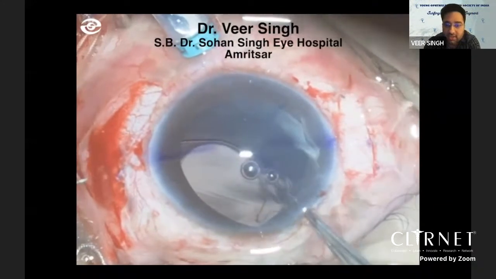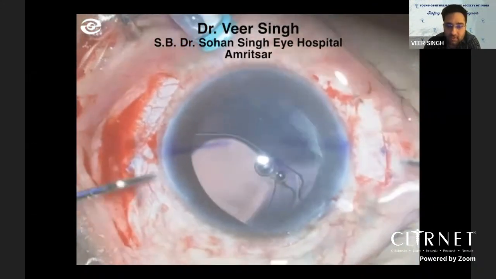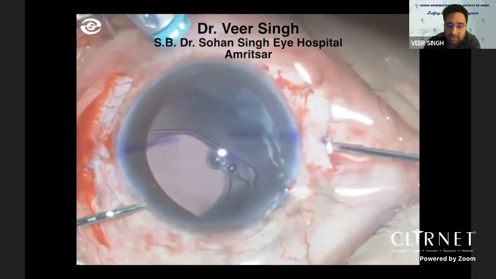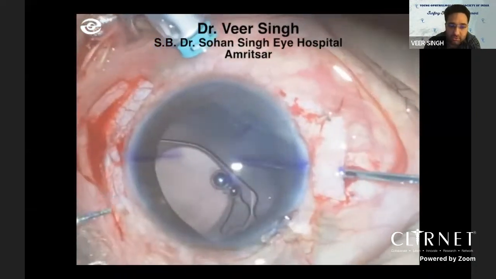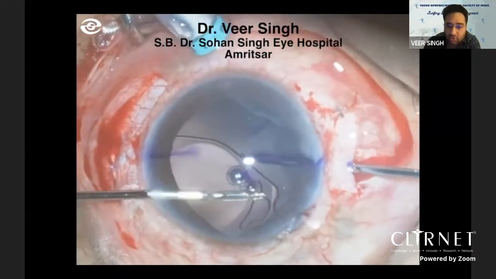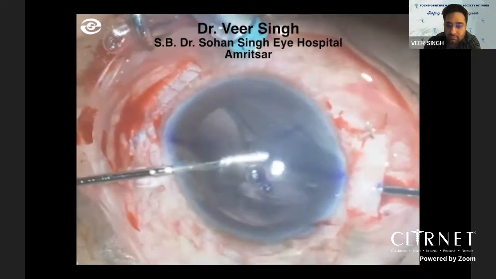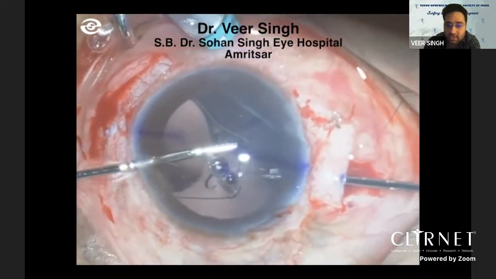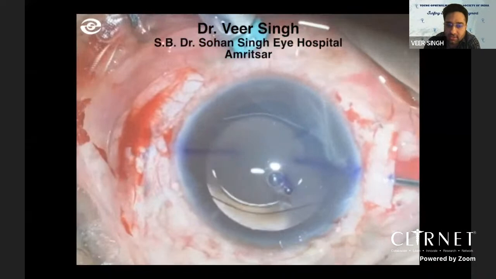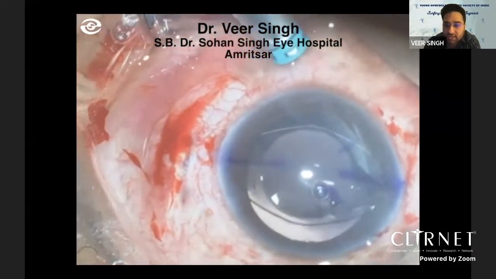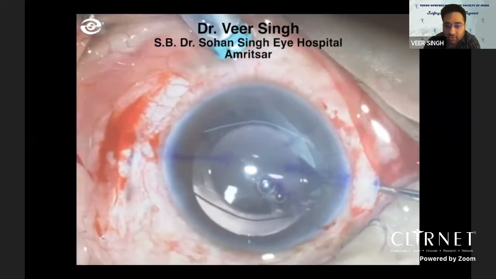And then the similar thing is done on the other side. This is the grasping forceps, which you use to hold the shoulder of the IOL, and then externalizing it with the T-flex forceps. And yeah, that's about it.